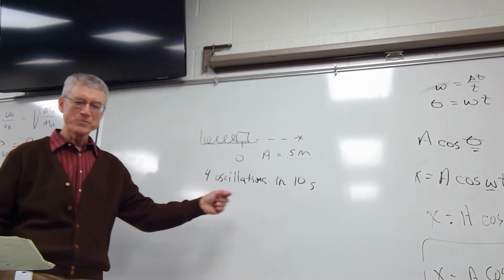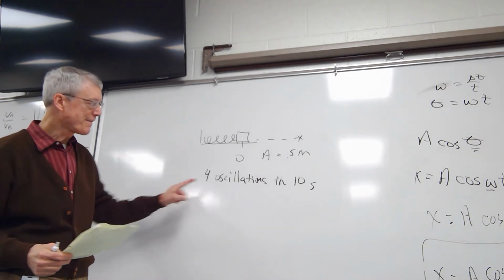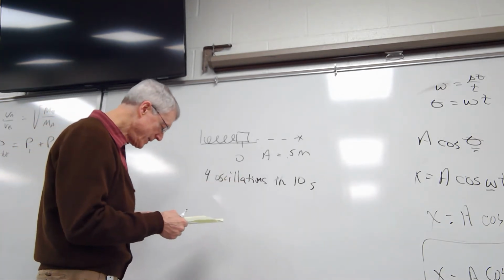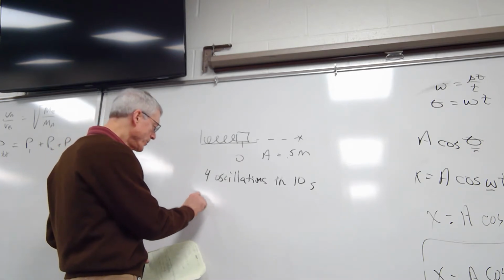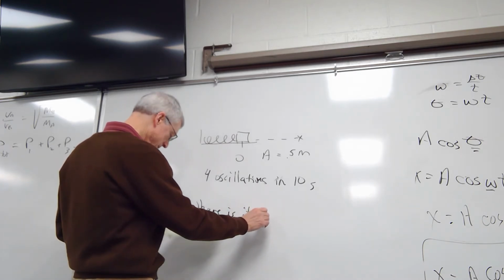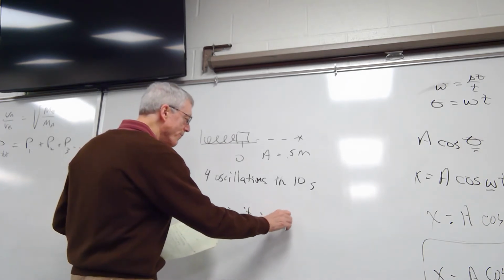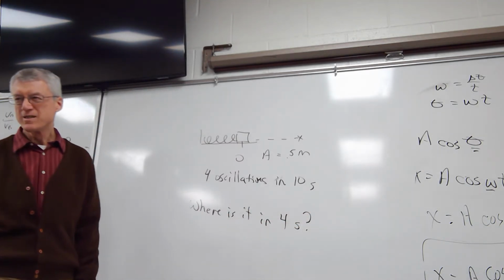You're measuring this like in a lab. You're counting it. You're timing 10 seconds. It did 4 of those in 10 seconds. Okay, so you know that. Now the question is, where is the block in 4 seconds from the time it was released?